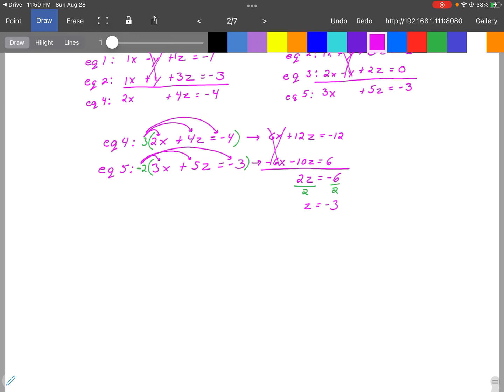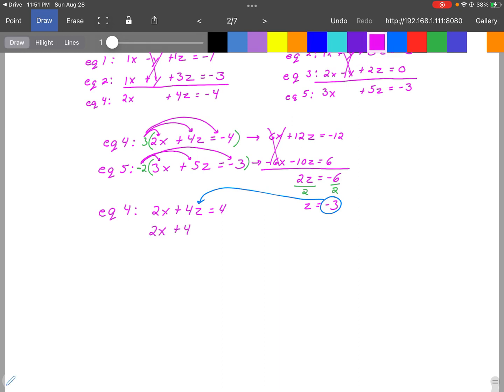So if I take equation 4, so I'm going to rewrite it so we know exactly what we're dealing with. So we have 2x plus 4z equals 4, because this is our equation 4 right here. Then I've rewritten it. Now I need to take this negative 3, and since that's z, I'm going to plug it into the z in my equation.